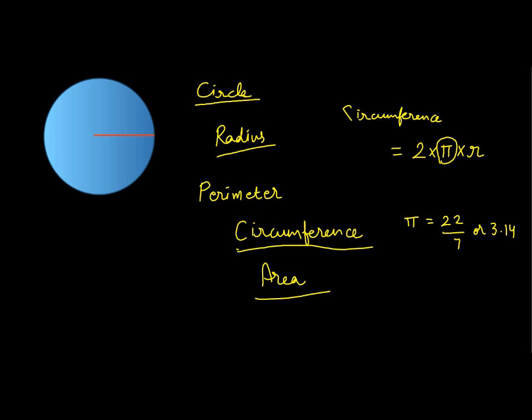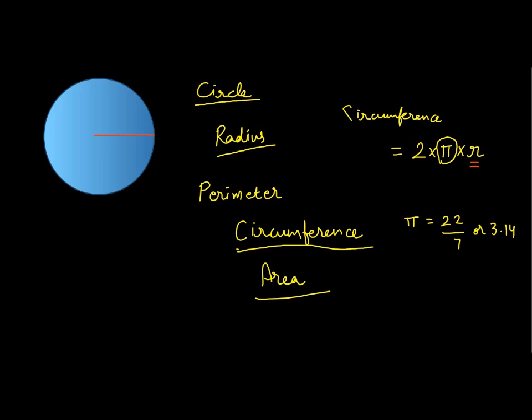Now we take the value of pi as 22/7 when this r is given as a multiple of 7. If this r is not given as a multiple of 7, then we take the value of pi as 3.14 or whatever value is mentioned in the question.